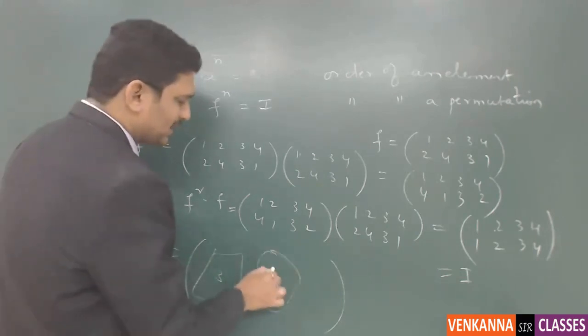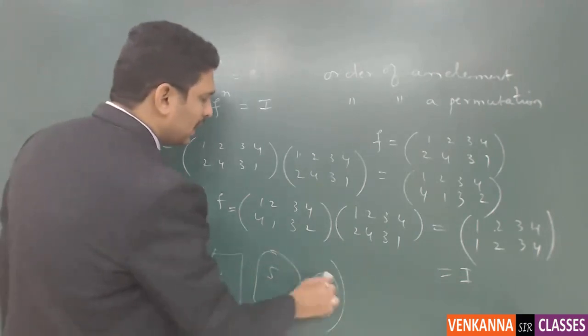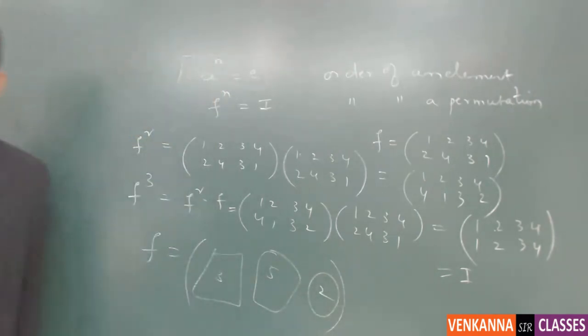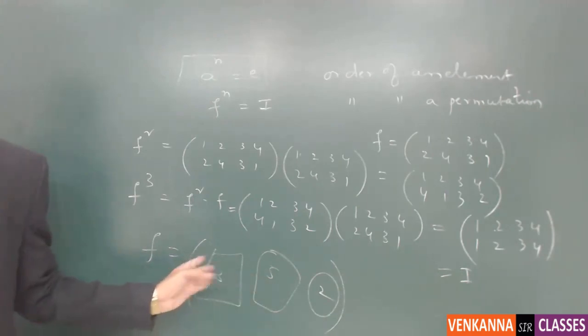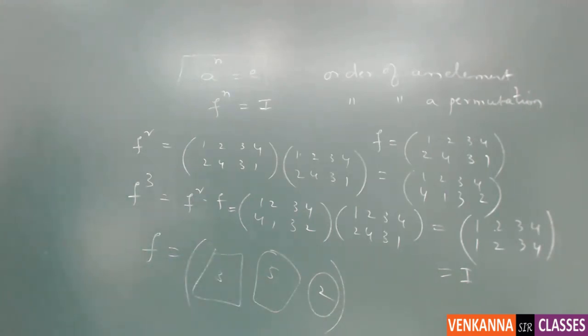Here I got a cycle of length 4. Here I got a cycle of length 2. Among which the maximum thing is 5. So generally order of the permutation will be 5. Okay? Clear for you? In general, order of the permutation will be the maximum value of those cycles.